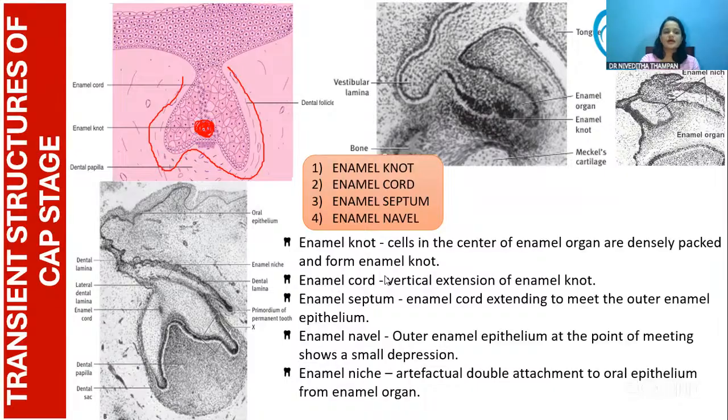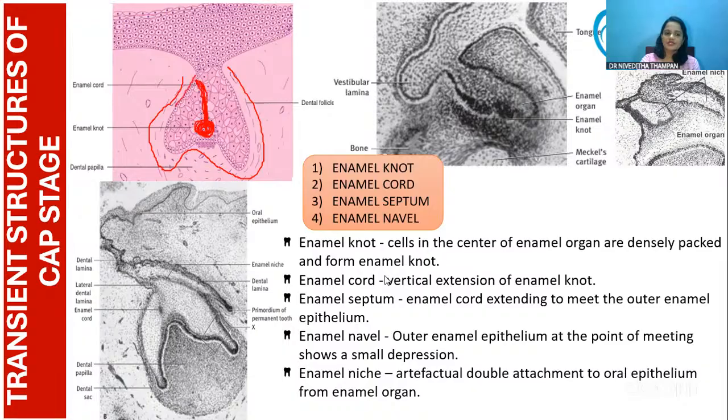Now some cells, after the proliferation, form a vertical extension like this from the enamel knot, and that vertical extension is called the enamel cord, just like a cord. Now this cord goes and reaches the outer enamel epithelium.